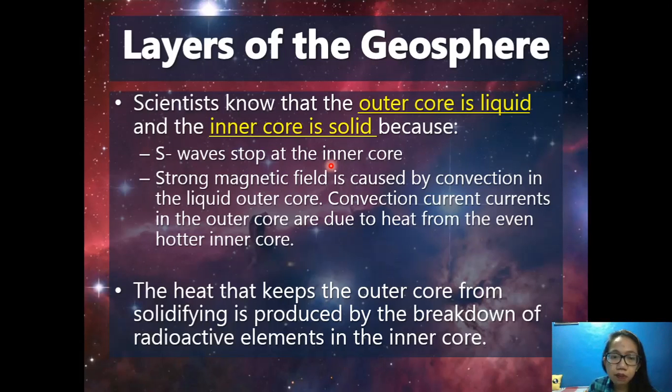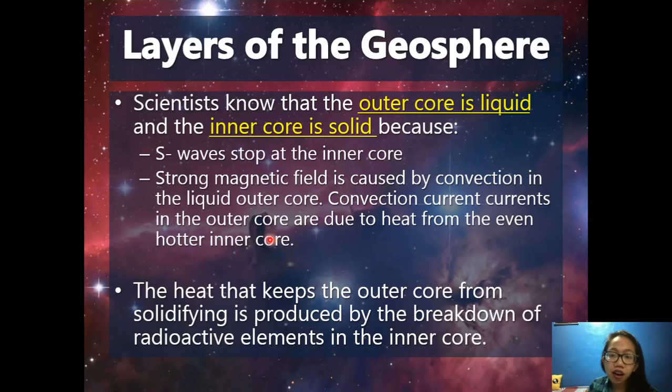Okay, so going back, the strong magnetic field is caused by the convection, or the movement of heat and magma, in our liquid outer core. We would not have a magnetic field without that movement.